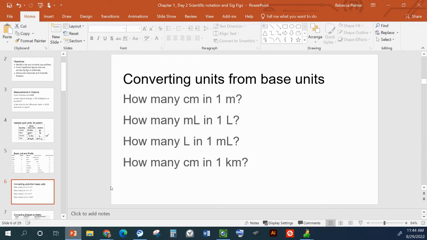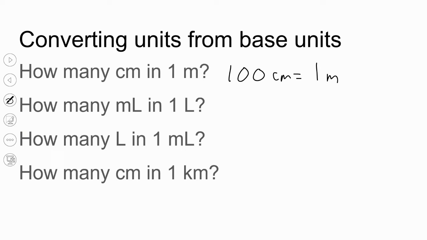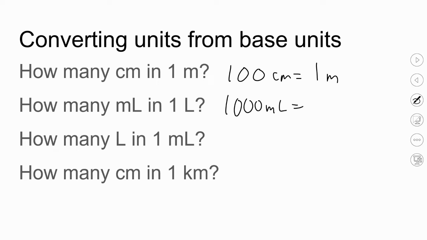All right, so let's try a few of these. How many centimeters are in a meter? Do you know? 100, yeah. 100 centimeters is 1 meter. How many milliliters in a liter? Good. Yeah, you got this. 1,000 milliliters for 1 liter.